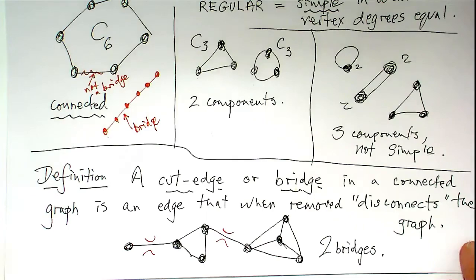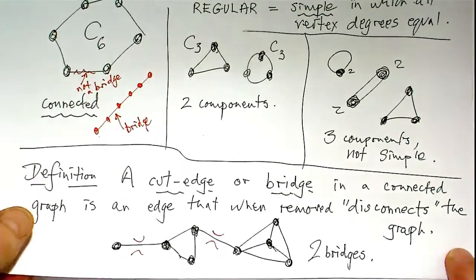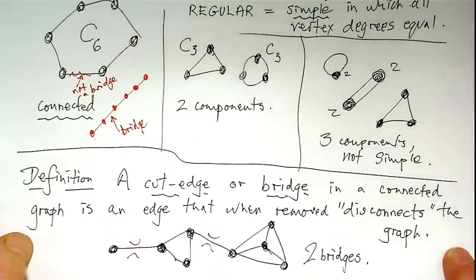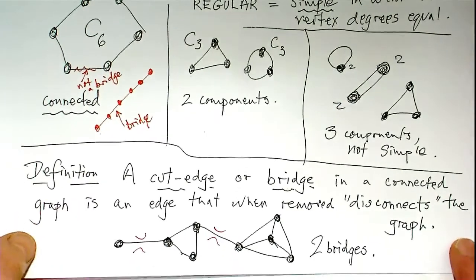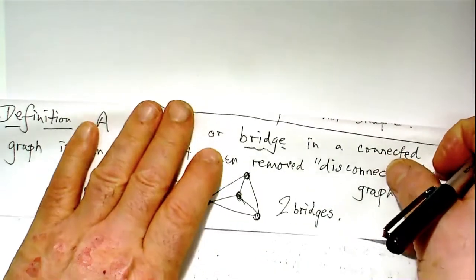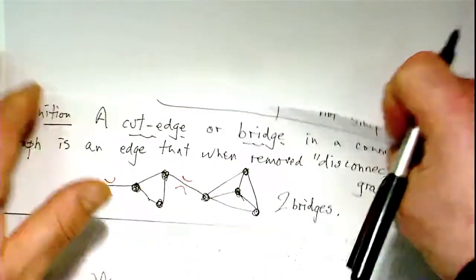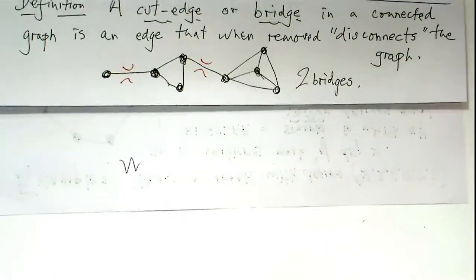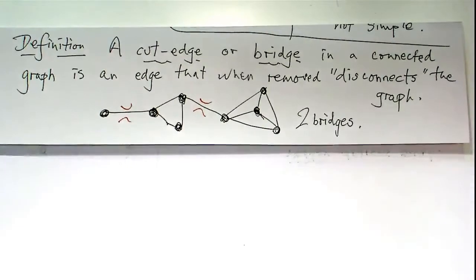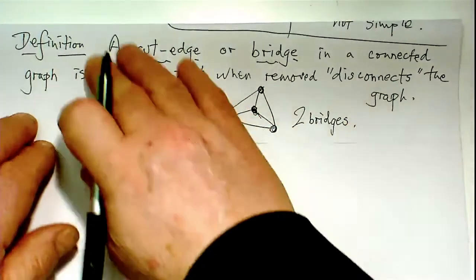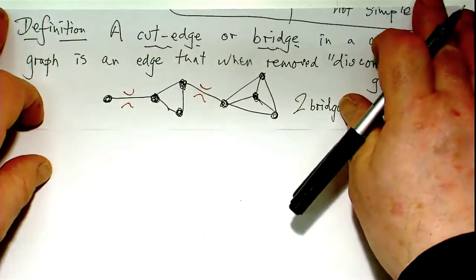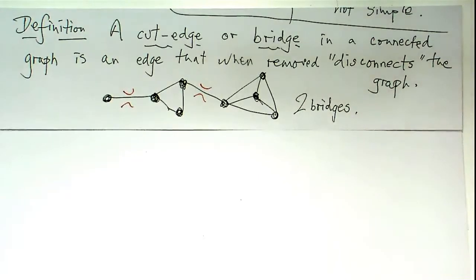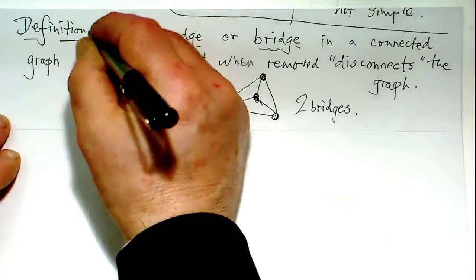Well, I mentioned trees, so let me now tell you what a tree is. So a tree, definition. There's different definitions.